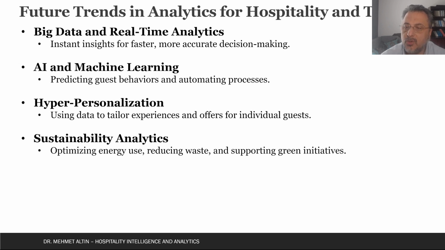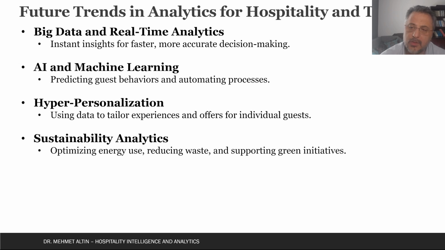AI and machine learning are becoming essential for predicting guest behaviors, automating repetitive tasks like check-ins, and optimizing operations for efficiency. AI-driven tools also enhance guest experiences by anticipating needs and providing timely recommendations.